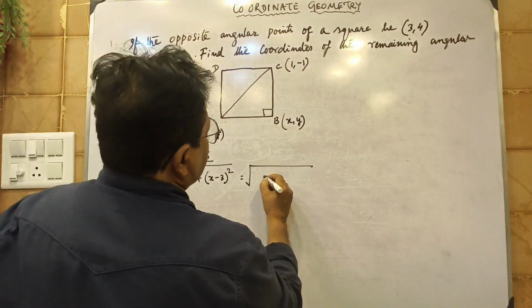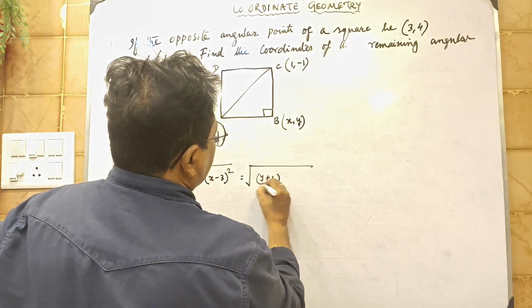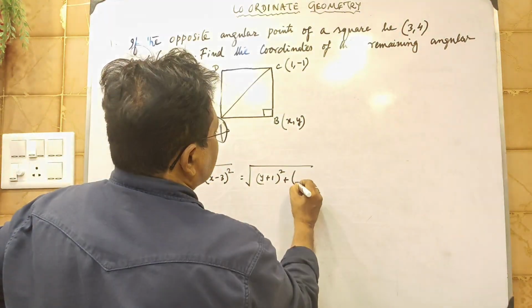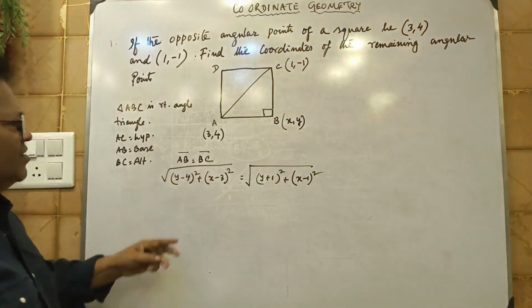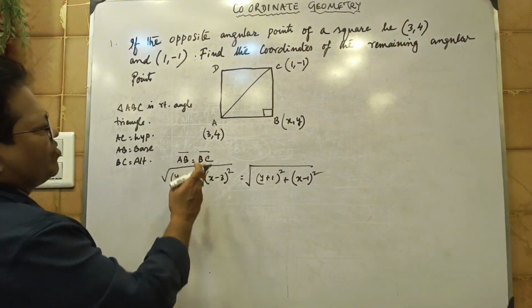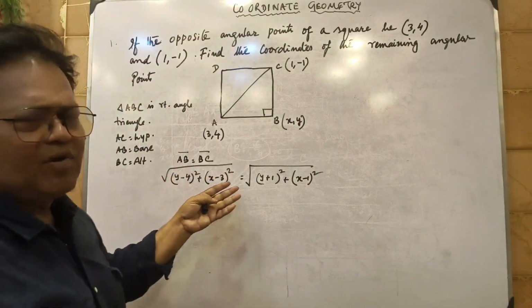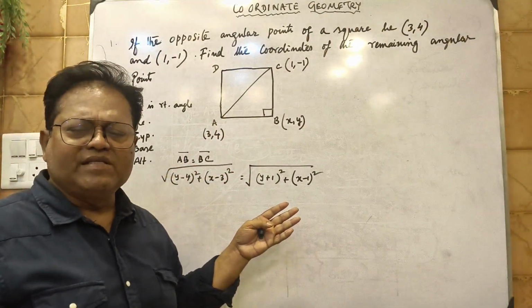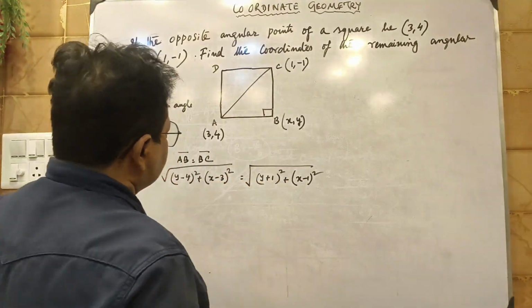So BC is the square root of y plus 1 whole square plus x minus 1 whole square. This is the distance formula.